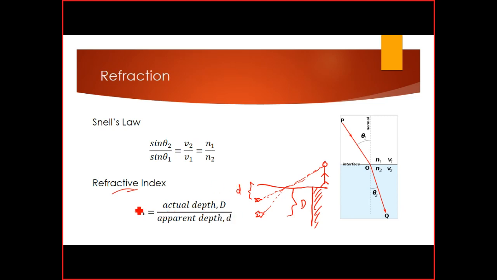This is quite simple, and I did not find it that much in the syllabus, so I take it that this might not come out, but nonetheless I still cover it just in case. Assuming this is water, the refractive index will be 1.33, and then multiplying with the apparent depth, you can get the actual depth. So this is how you use this formula.